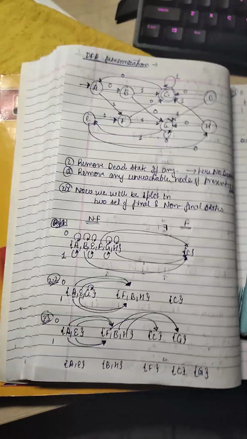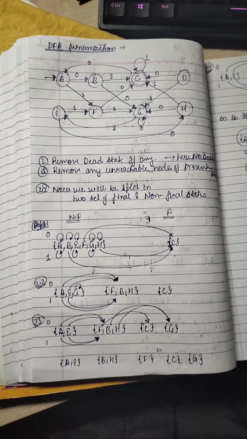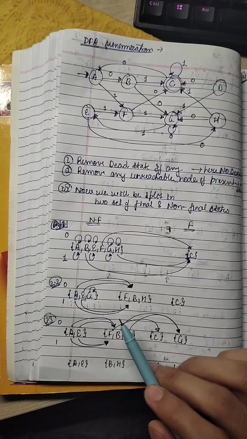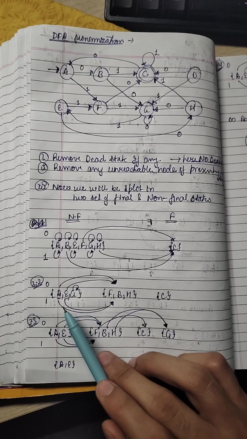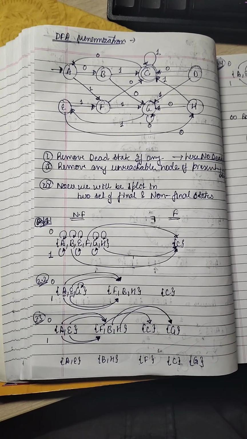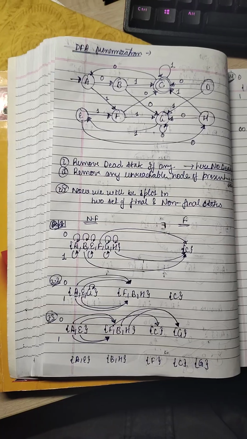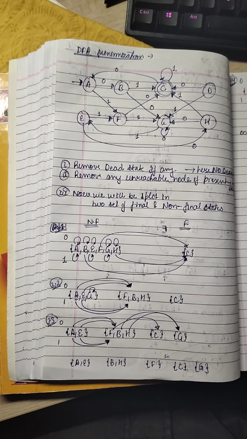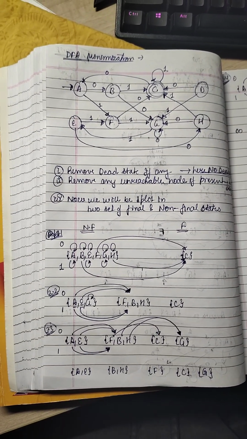So now moving further, let's move to our second step. Here in the second step, you can see that A is A. So now we will be checking again because we have split it into different sets. So we need to check it again.